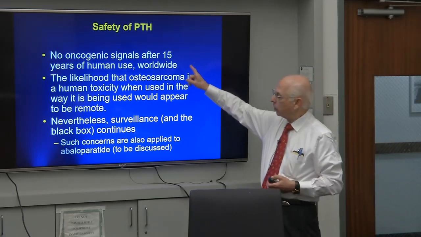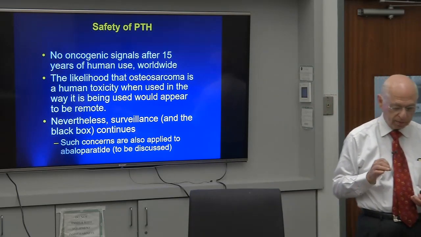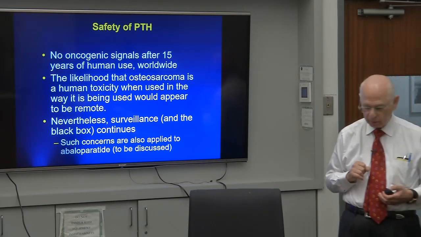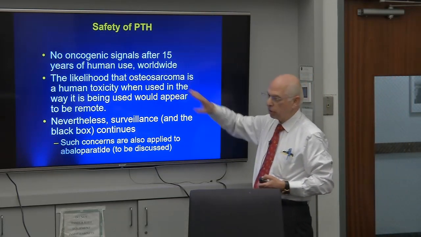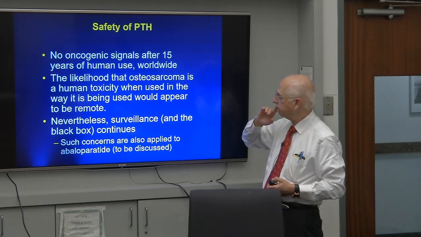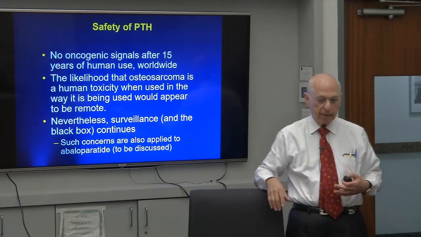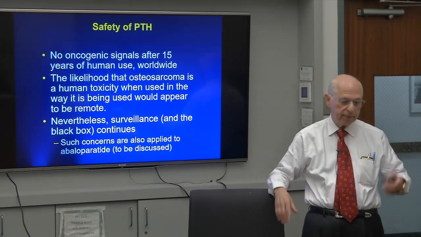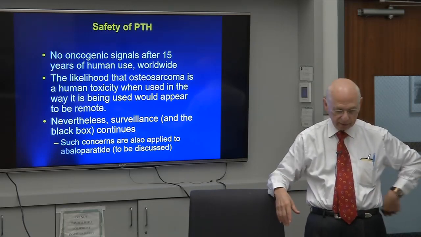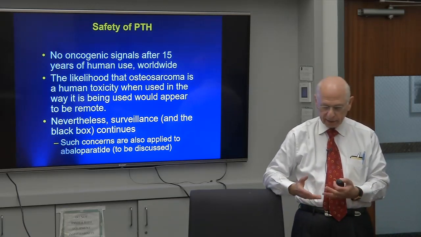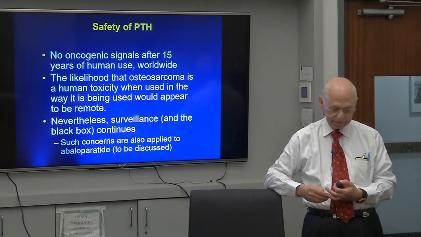The drug teriparatide, which was approved on November 26, 2002, is almost 16 years old. And over these 16 years, there have been no oncogenic signals at all. What would be a signal? Well, cases of osteosarcoma. There have been 3, 4, maybe 5 cases of osteosarcoma among patients who have been treated with teriparatide, with a base of well over 2 million people who have gotten this drug worldwide.